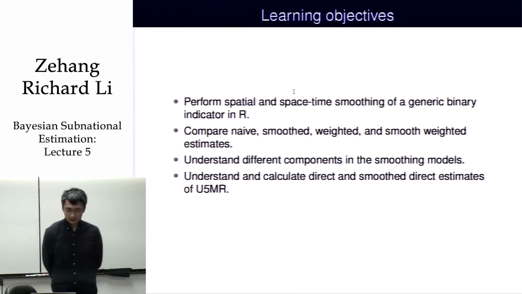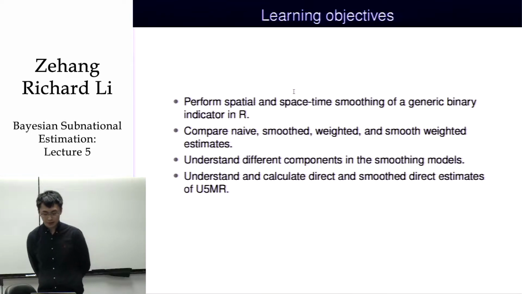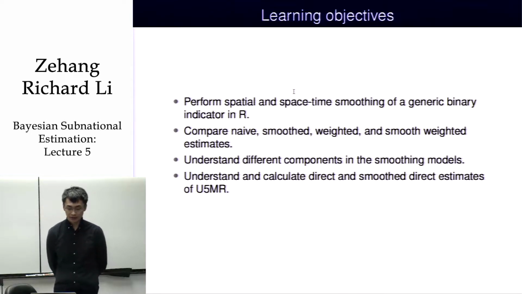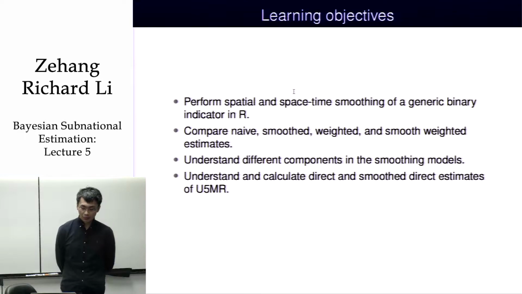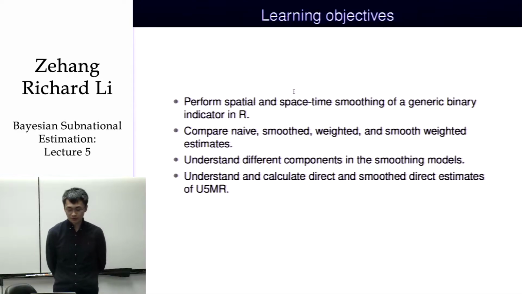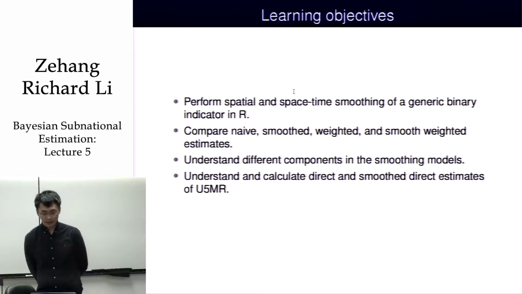As I said, the learning objective is to demonstrate how to do space and space-time smoothing of not only a generic binary indicator, but also more complicated ones like U5MR. We will go through the comparison of different ways of getting the estimates of a simple prevalence metric.